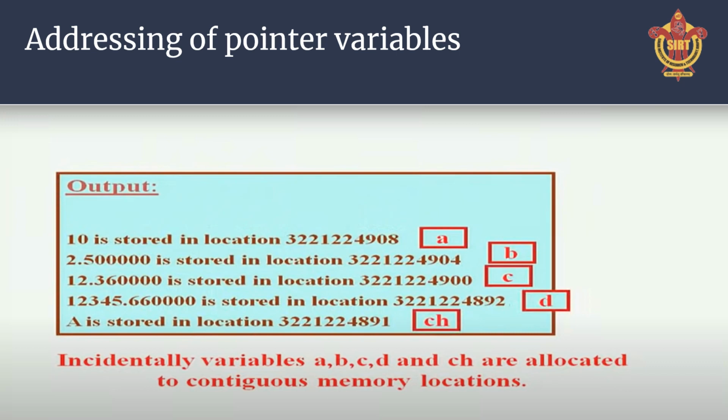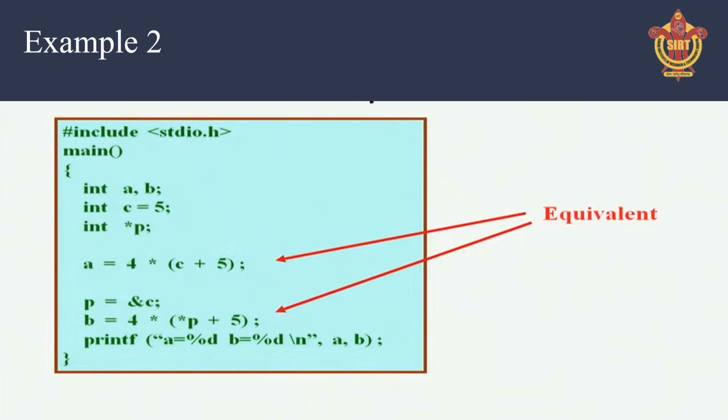Okay, so let us move to our second example. The second example shows pointer arithmetic, in which we have declared two integer variables a and b, another integer variable c with the initialized value 5, and a pointer variable p which is of data type integer. So here I am calculating the value of a with this formula: 4 multiplied by c into c plus 5, and now I am storing the address of c to the pointer variable p.